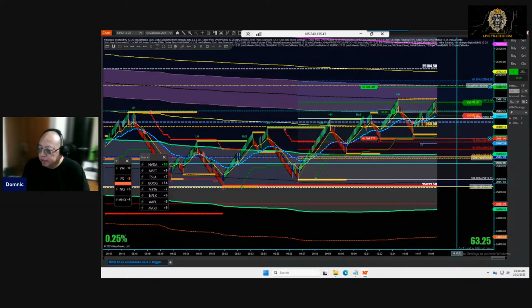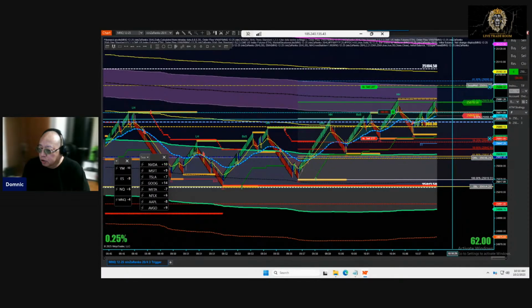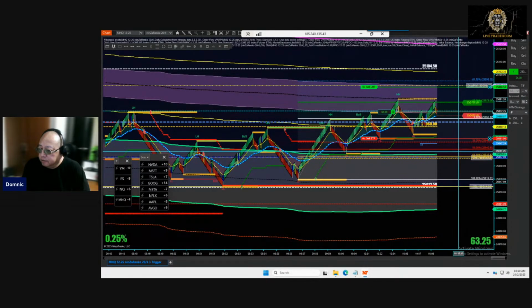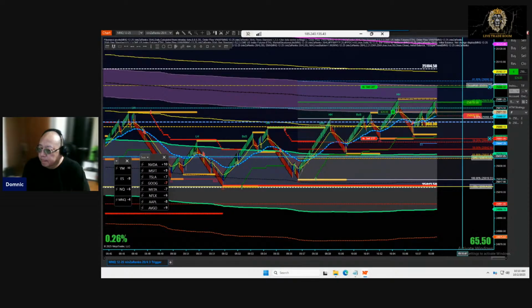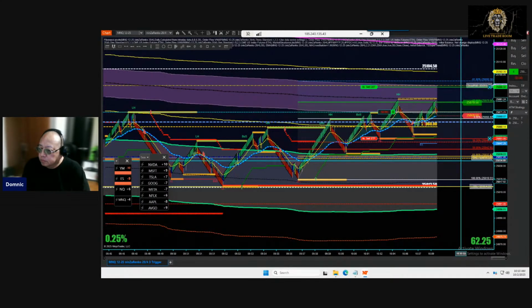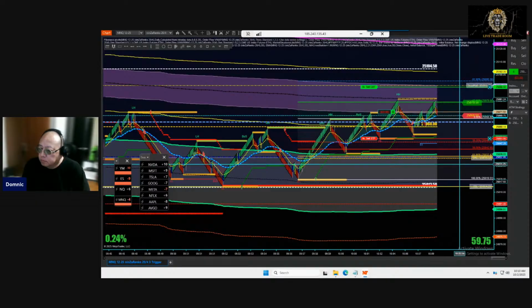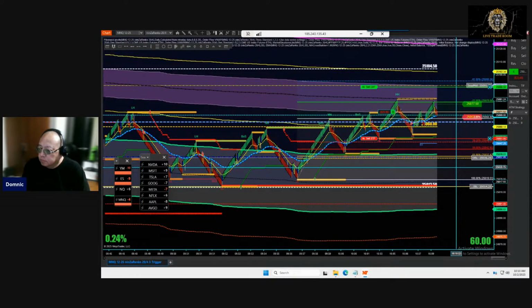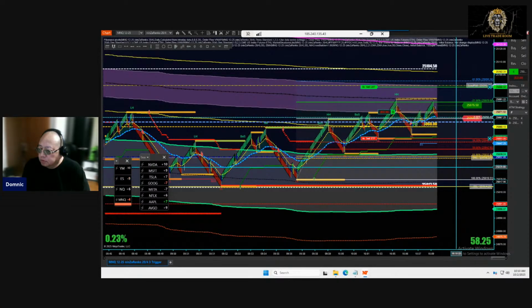So that's a pullback. Let's see, it's going to come back stronger with an upside thing. It's really trying to bring it up.